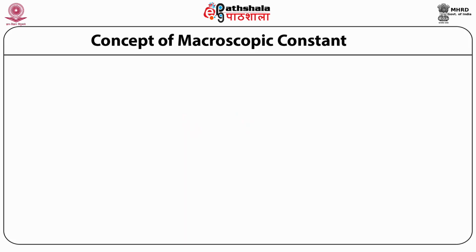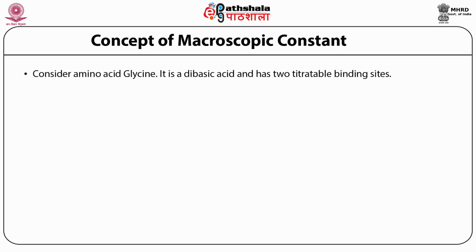Concept of macroscopic constant. Let's understand the difference between the two constants, macroscopic and microscopic. What do we mean by that? If we start with glycine, we know that it has 2 pK values. What does that mean? That it is a dibasic acid, and it has 2 titrable sites.